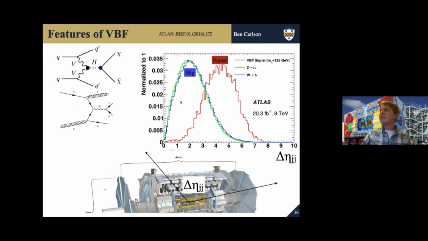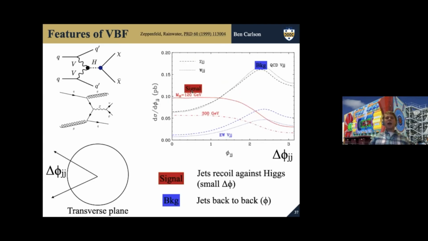So you can see that these are well separated, and it gives a way to separate out the signal from background. Another thing you can do is you can look at the difference in the azimuthal angle in the transverse plane. So what's plotted here on this plot on the right comes from a theoretical calculation, but it's kind of where this technique came from.